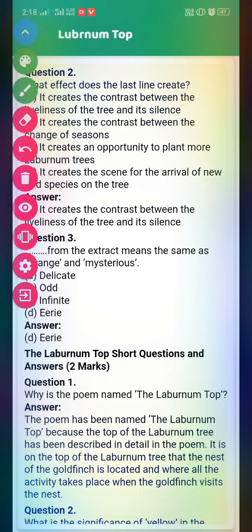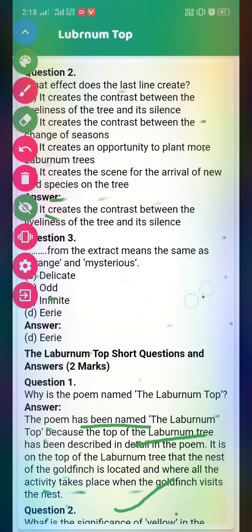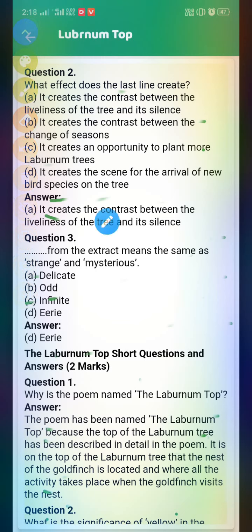The next question, that is, what effect does the last line create? The last line of the poem, what does it create as effect? Four options have been given.